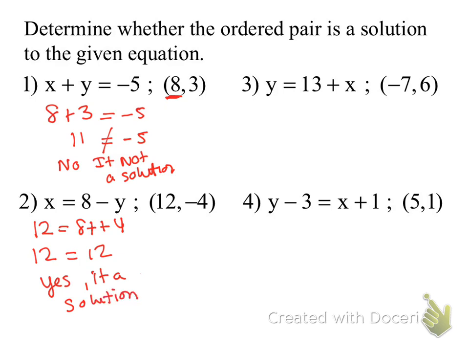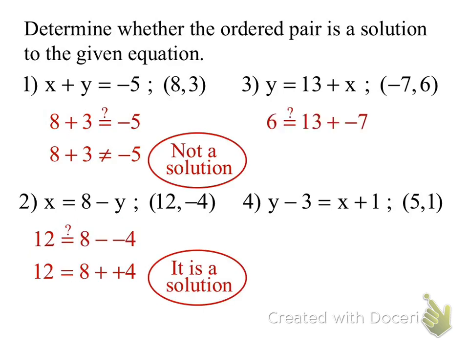Okay, I'd like you to pause the recording and work on number 3 and 4. Now let's check our work. On number 3, it is a solution because 6 equals 6. I do want you to finish it the whole way.